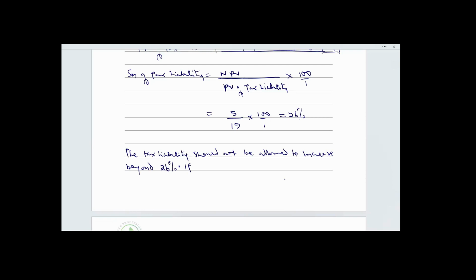If not, the project will not be financially viable. That's it. That's the end of the question.